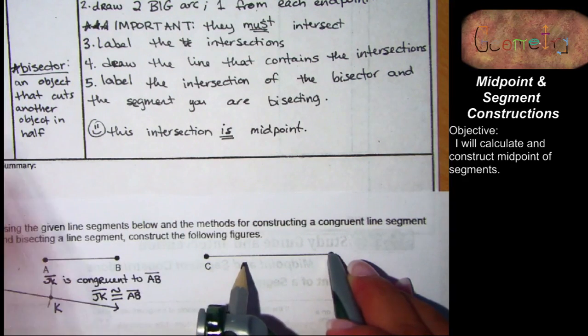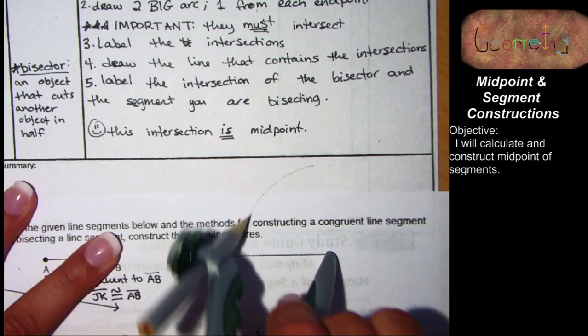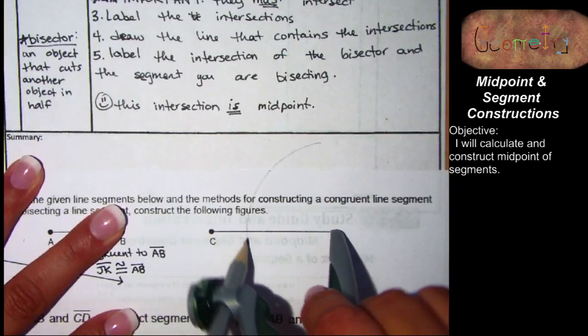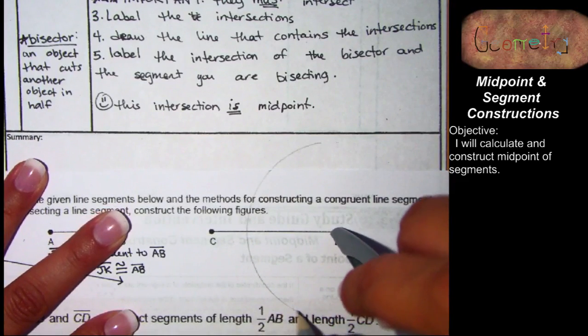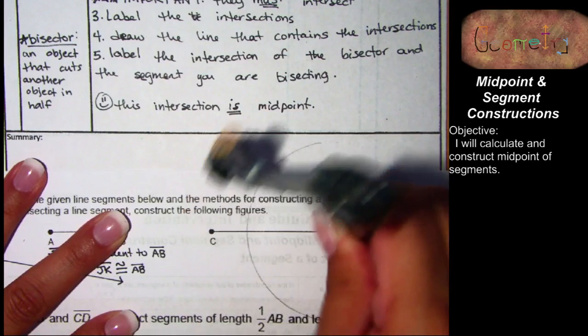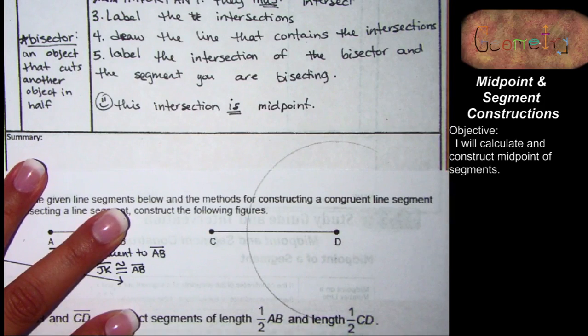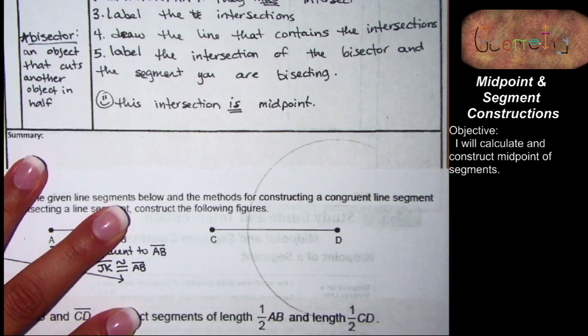So I'm going to draw the arc. I don't know how big of an arc I need, so I'm going to draw almost a half circle. Okay, that should be a big enough arc.